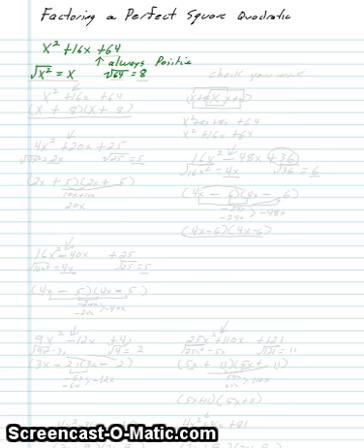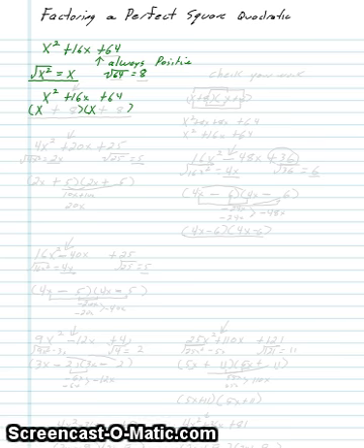Now, to factor this, x squared plus 16x plus 64, two parentheses. The first term will be what we got for the square. When we took the square root of that first term, that's x. So the first term in both of the factored parentheses is x.